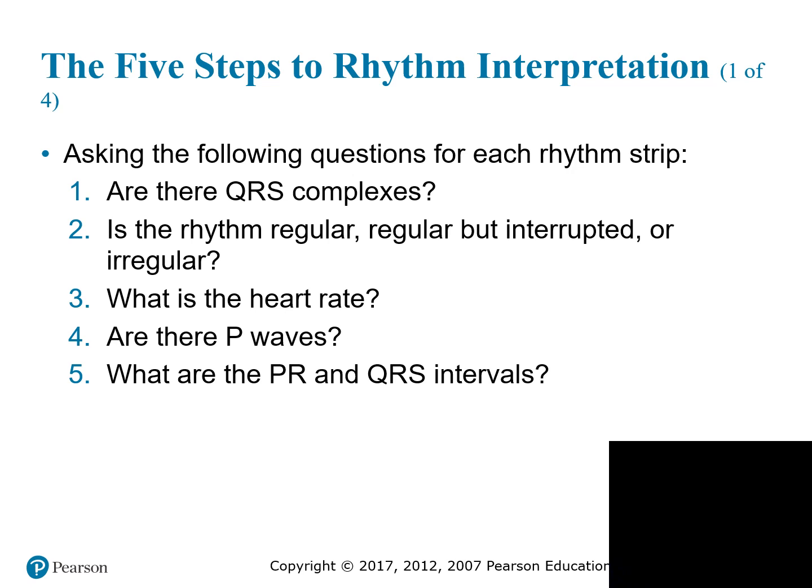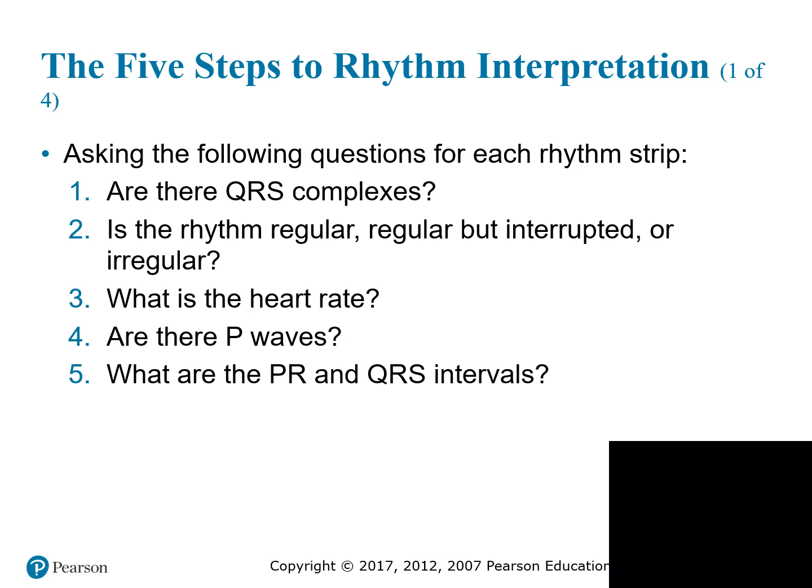Once we establish if there are any P waves, the next step is, what are the PR and the QRS intervals? Well, if we know we have a P wave, therefore we have a PR interval. And of course, we already established we have QRS complexes.